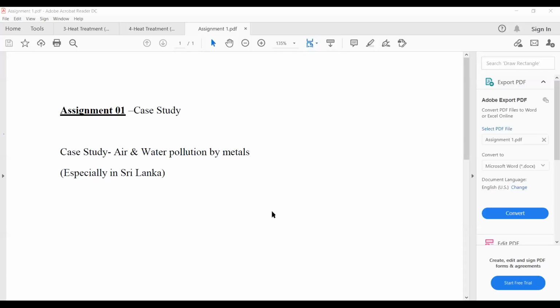That's important. It's not a word limit, just a page limit: minimum 5 pages, maximum 10 pages. Don't exceed 10 pages.